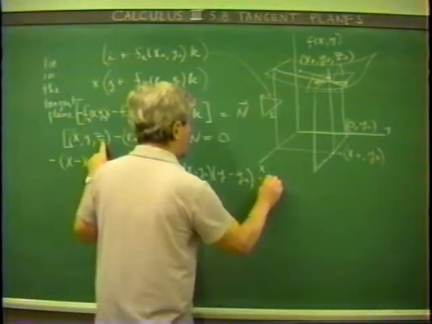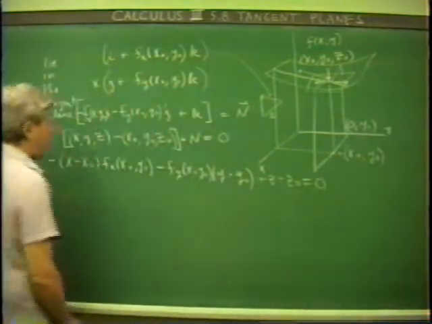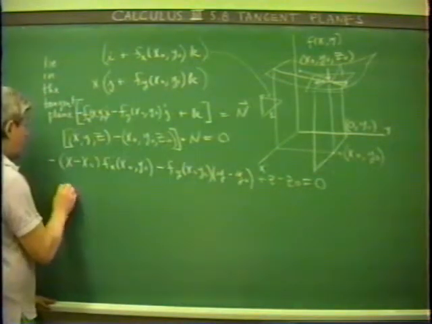And then plus z minus z naught times 1. This must be equal to 0.